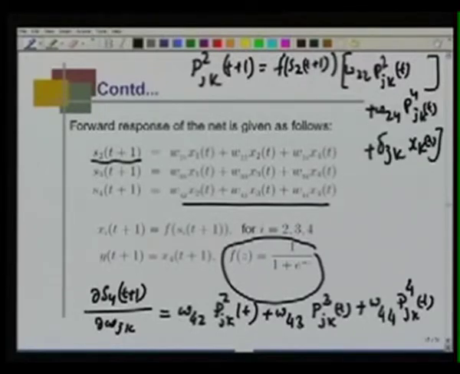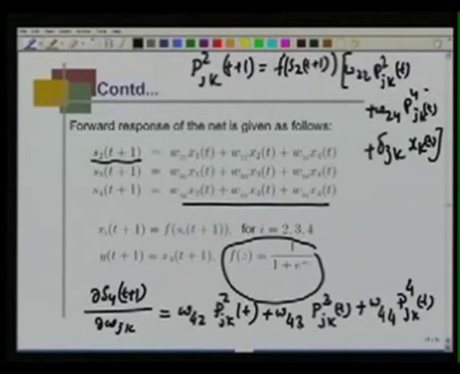That is, if JK is either 21 or 22 or 24, then the corresponding term x1t or x2t or x4 will appear here. So this is your PJK2 at t plus 1 in terms of the other gradient information at t.